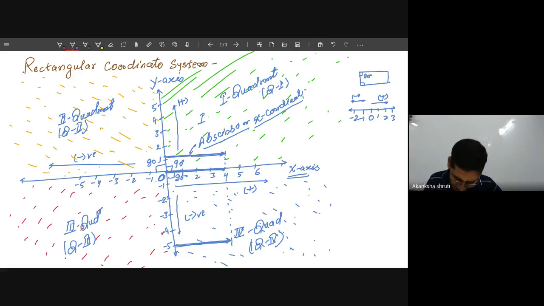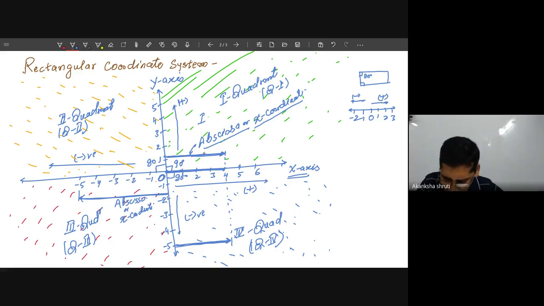Now it could be negative. Say I am considering minus 5, starting from y and moving to this one. So it is also the abscissa, or x coordinate. But what makes the difference is the sign.